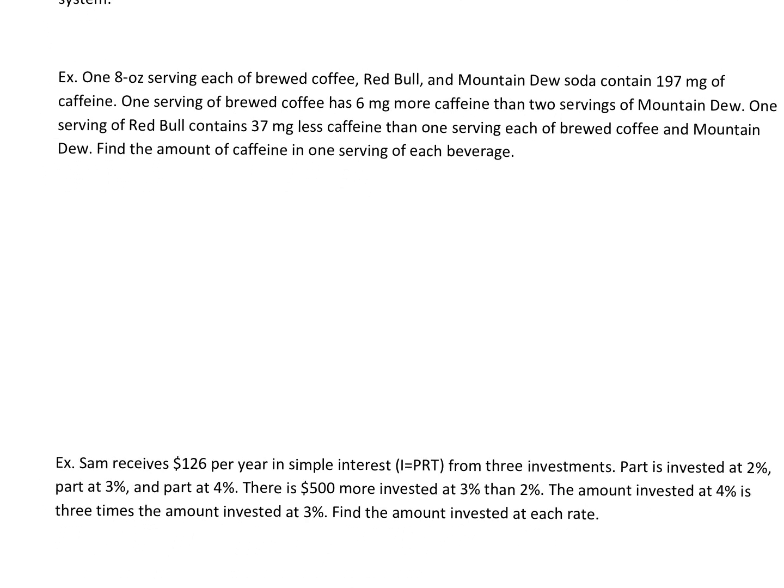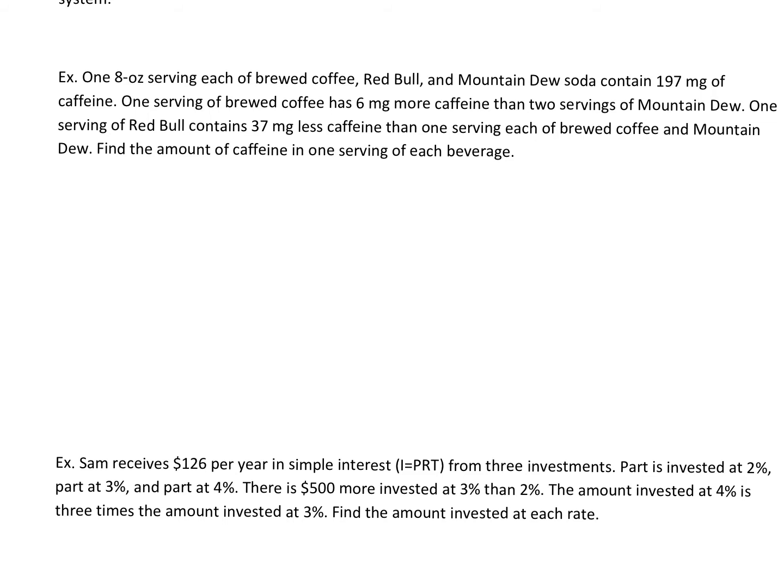One serving of brewed coffee has 6 milligrams more caffeine than 2 servings of Mountain Dew. One serving of Red Bull contains 37 milligrams less caffeine than one serving each of brewed coffee and Mountain Dew, and we want to find the amount of caffeine in one serving of each beverage.